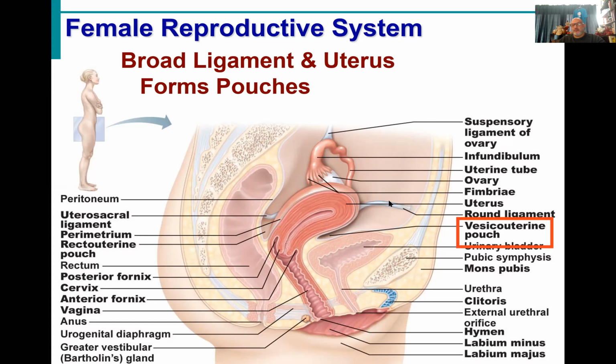This is the anterior pouch. And then the posterior one between the uterus and the rectum is the rectouterine pouch. So we have these two indentations. And again, the whole purpose of all of this is to allow for the expansion to accommodate that basketball that has to grow inside. All right, questions on that?